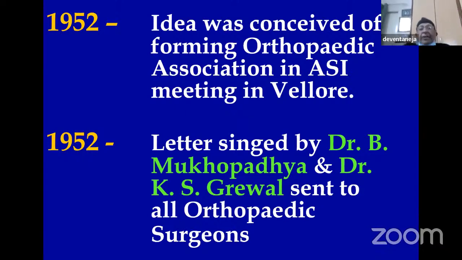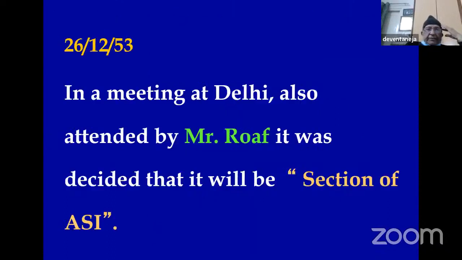So this idea came to him, and he wrote one letter. He signed that letter and sent it to Dr. Karam Singh Grewal, his contemporary in Amritsar, a very famous orthopedic surgeon. Both of them signed that letter, and it was circulated to all the orthopedic surgeons at that time in India, maybe 20 or 25, I do not know, saying that we should have a separate association for ourselves.